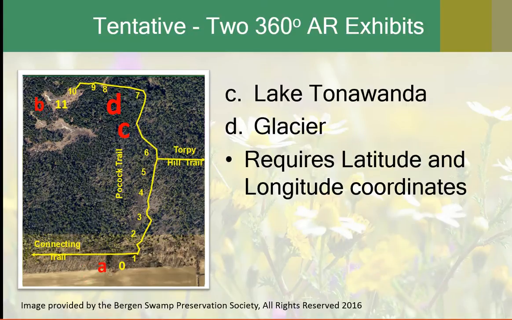Also want to add 2 360-degree AR exhibits, one being Lake Tonawanda and a second being the glacier. So the visitor will be able to turn around and see what that area looked like when there were glaciers there, and also when Lake Tonawanda was there.